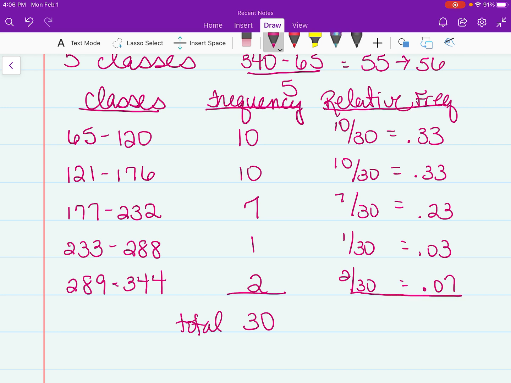Now, if you total the relative frequency, you should come close to 1. The only reason you wouldn't get exactly 1 is for rounding reasons. So if you look at this, 0.33 plus 0.33 plus 0.23 plus 0.03 plus 0.07, you get 0.99. And if I went out additional decimal places, you would probably get approximately 1.